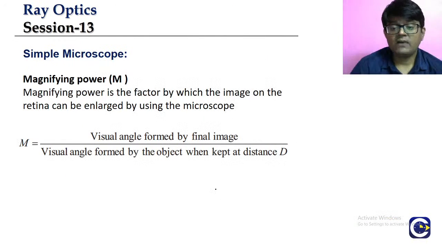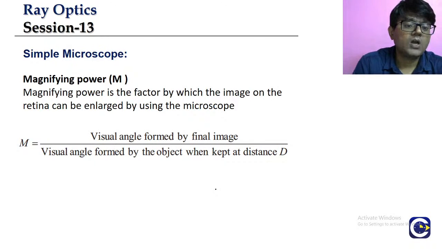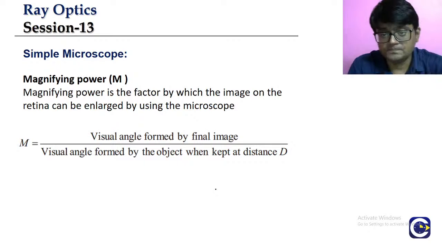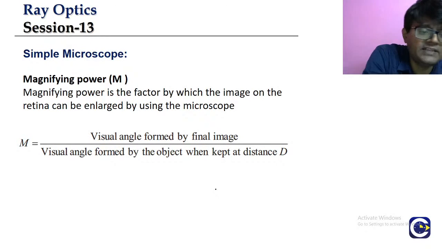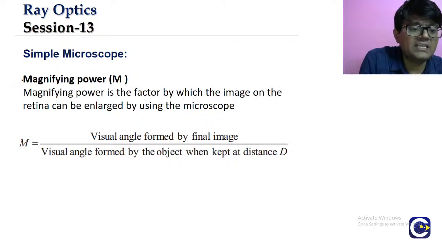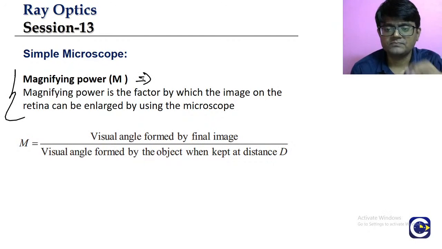Now whenever we talk about an optical instrument like a microscope, we'll begin our discussion with the simple microscope, then we'll go to the compound microscope also. But for any of these, we will define this term called magnifying power. Whenever you look at a microscope, they will mention the magnifying power.